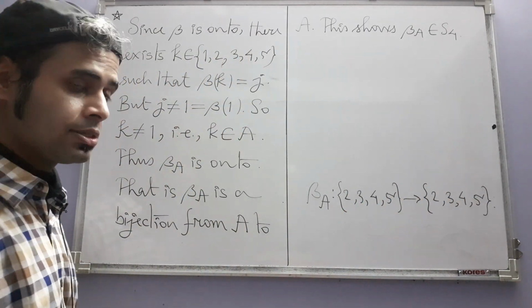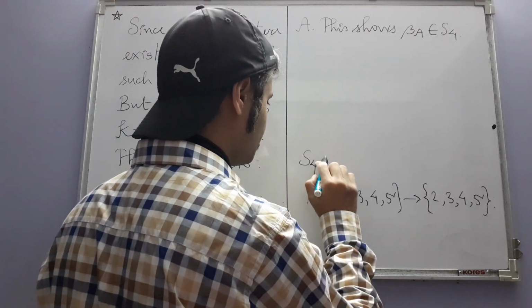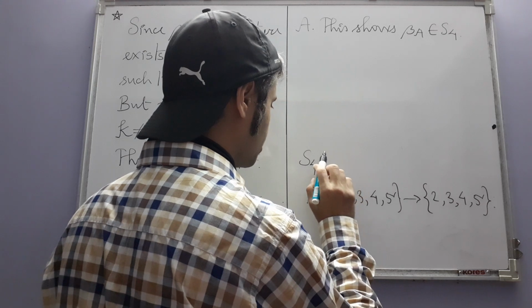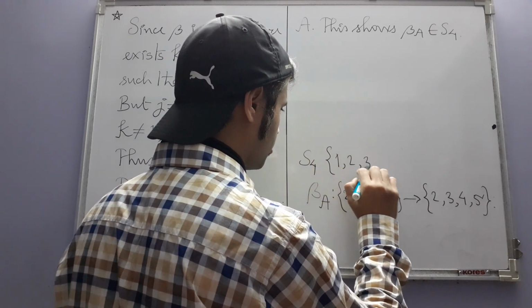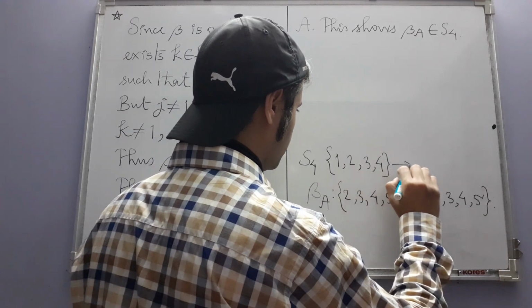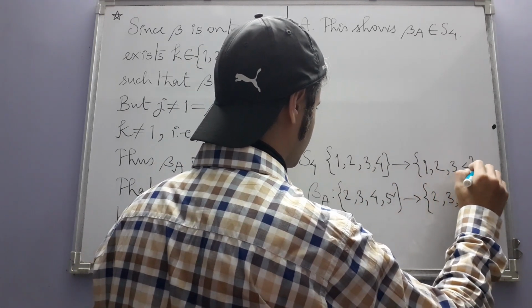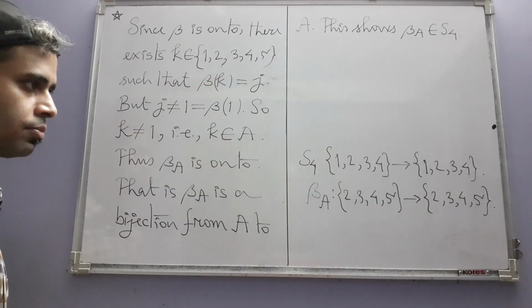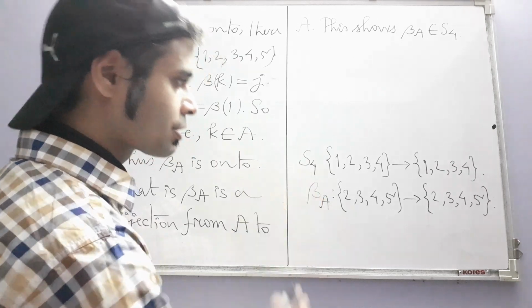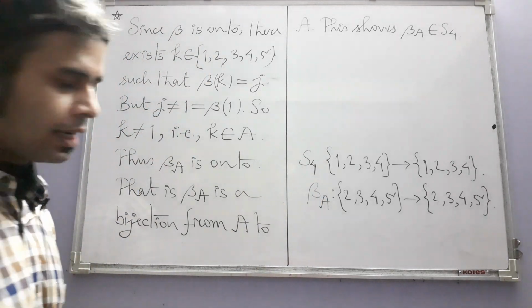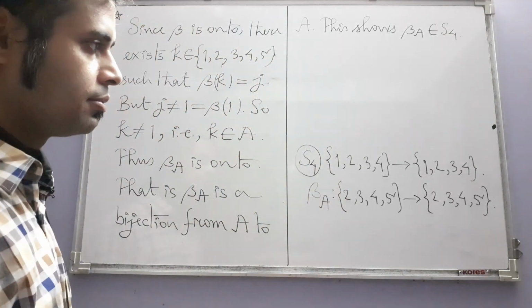But what is S4? S4 consists of all bijections from this set to this set. Strictly speaking, this beta A is not such a function. However, actually that does not matter.